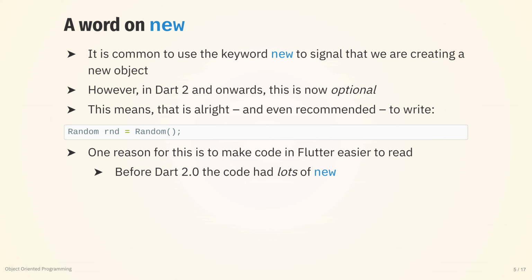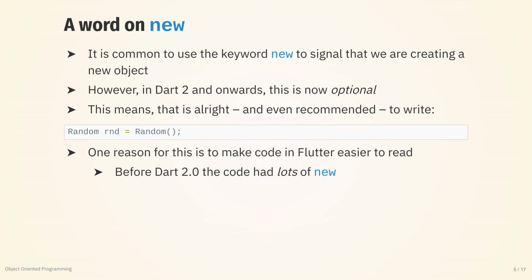All right. As we've previously mentioned, the keyword new is something that they've decided to remove from Dart. It's still there, it's still possible to use, but you don't have to. When it is perfectly clear what it is you're going to do, namely to instantiate an object, you can do it as you can see in the code snippet over here.